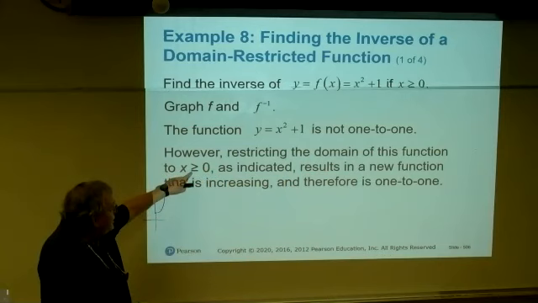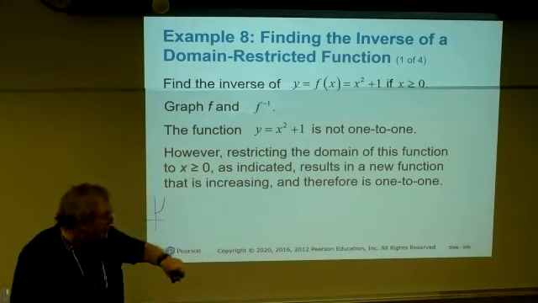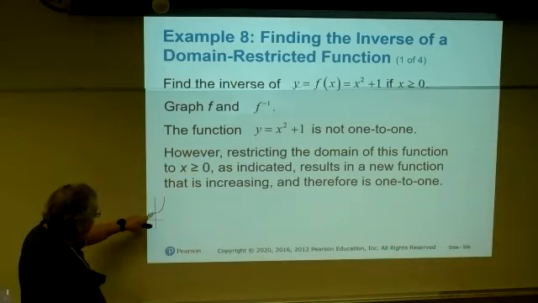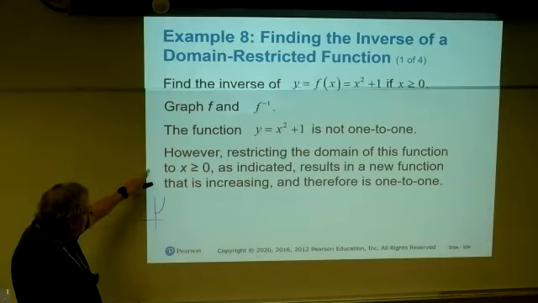I have a restricted domain, which means I'll have a restricted range. The range here is from 1 to infinity. So it's all values of y greater than or equal to 1.